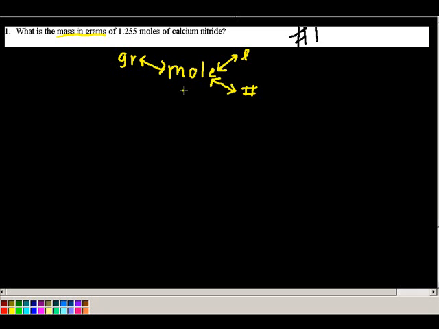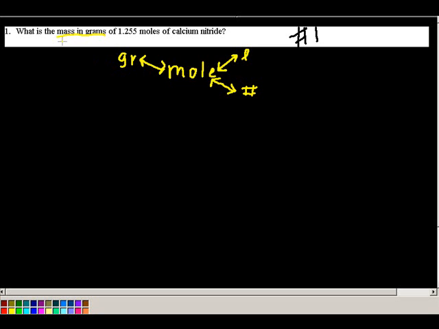Now what you need to recognize is there are one-step problems: grams to moles, moles to grams, moles to liters, liters to moles, and of course moles to numbers or numbers to moles. Those are all one-step problems. But some problems are two-step. For example, if you're given a certain number of grams and you ask for the liter value, you convert grams to moles and then moles to liters. That of course is a two-step problem.